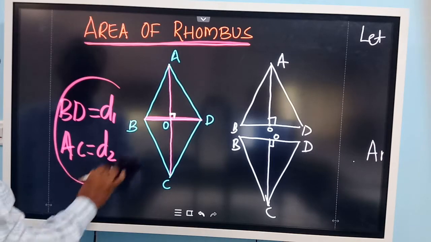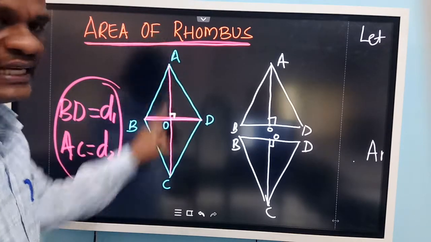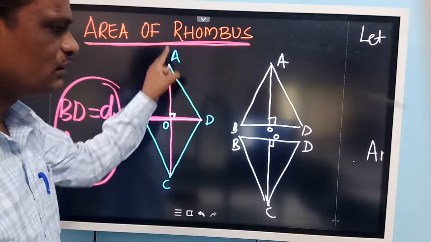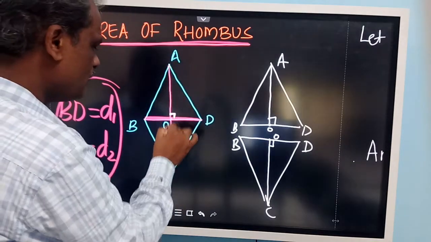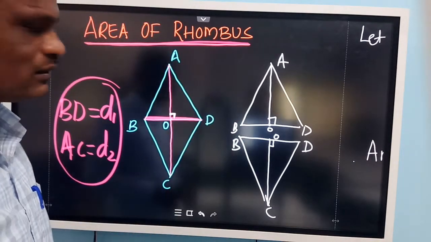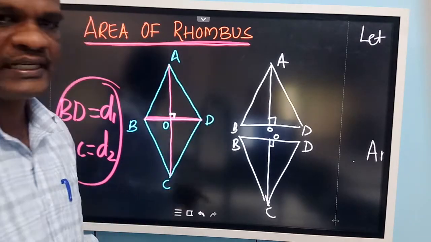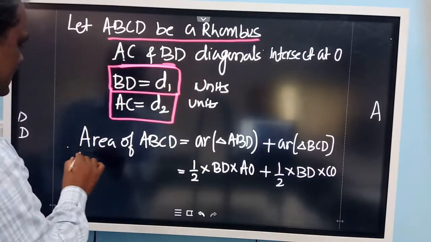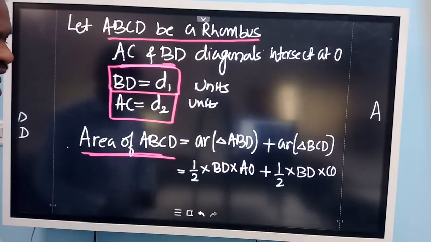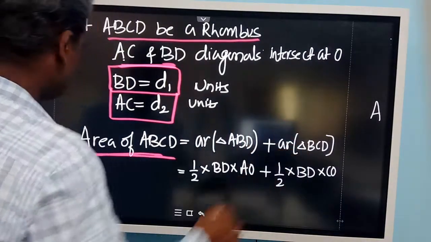You have to remember this one. Diagonal 1, diagonal 2, D1, D2. And you remember that AO will be equal to OC, and BO is equal to OD. Diagonals bisect each other.